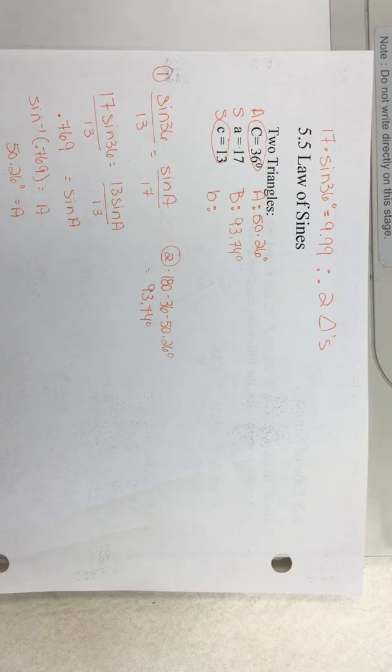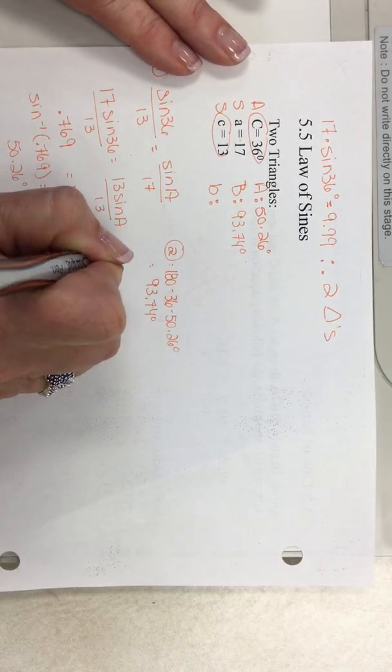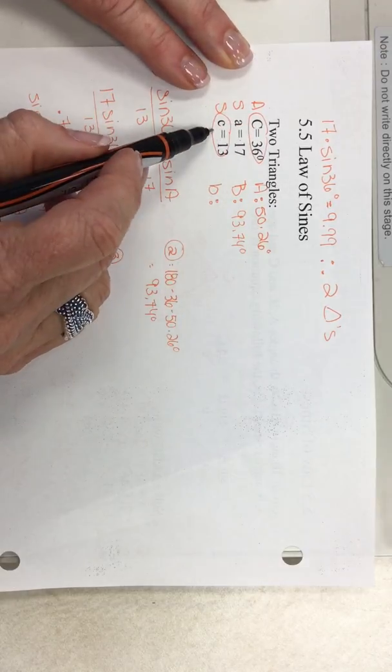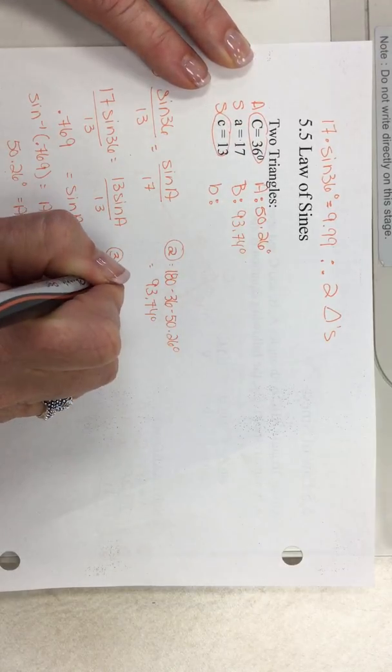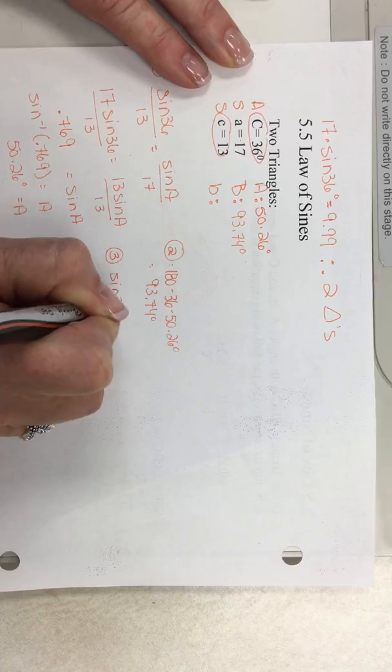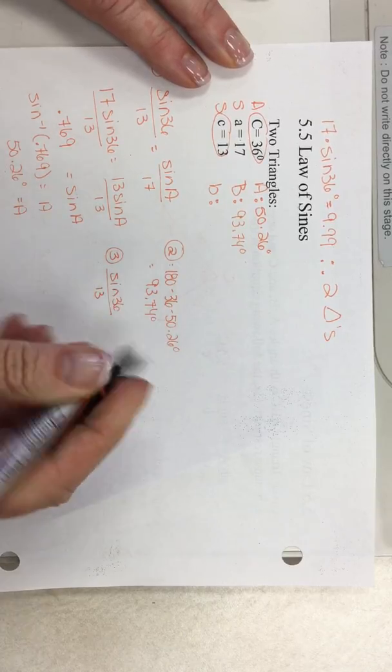Which leaves me with my side B still to find. So I go back to what I know, what was given originally with my very first ratio, the sine of C over the side C. So I'm going to take sine of 36 again over side 13.